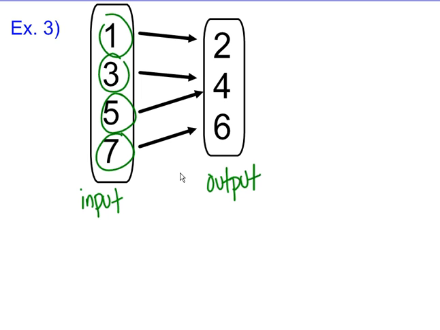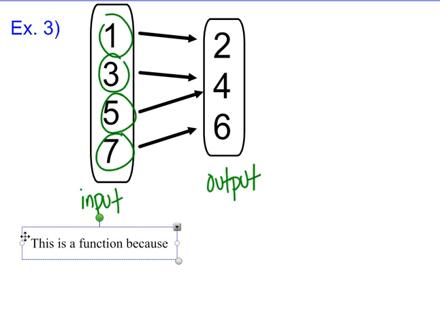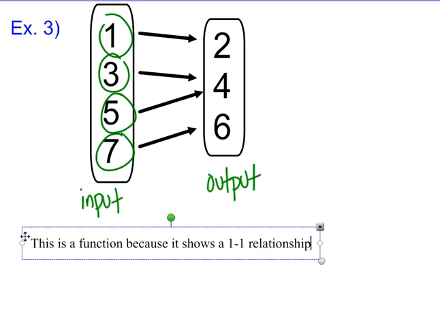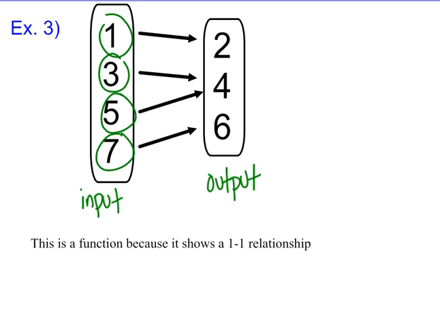And again, there is a one-to-one structure there, so this is a function, because it shows a one-to-one relationship. Okay? All right, so hopefully that explains a little bit.